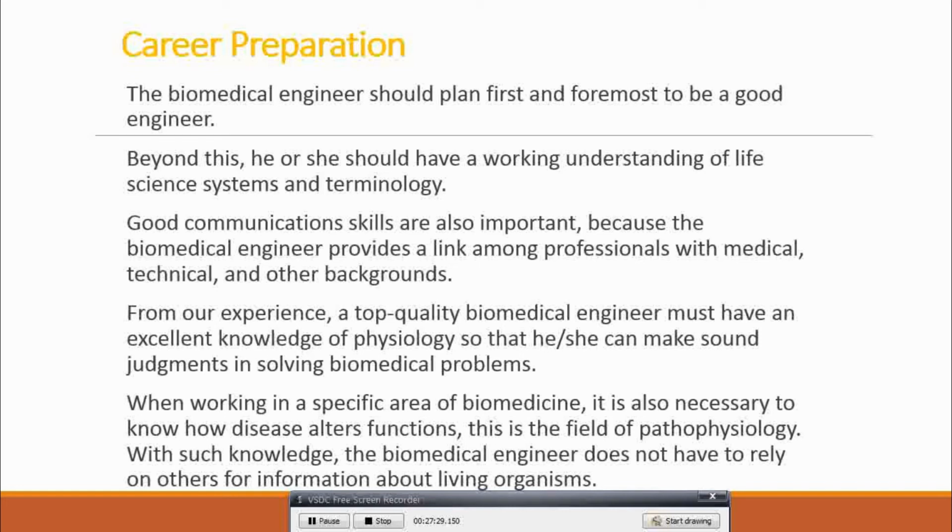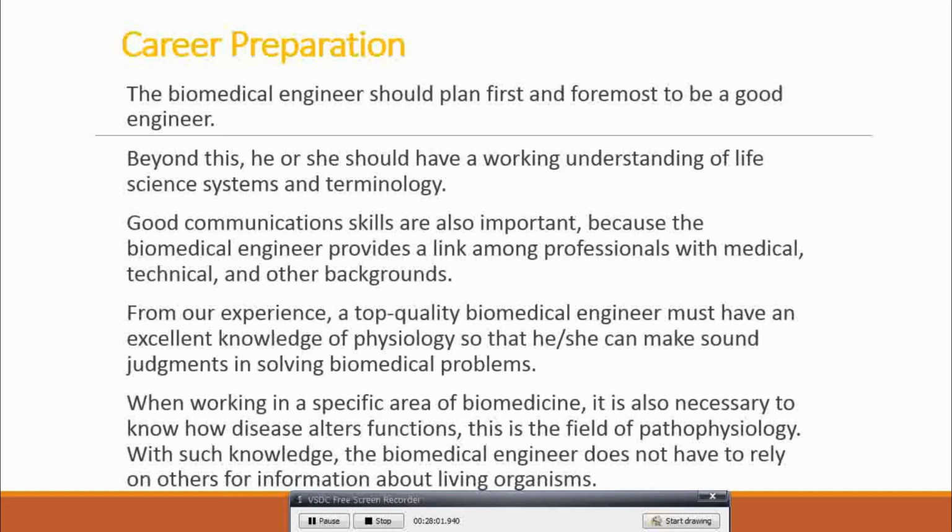And then when working in this specific area, you also need to have knowledge on how disease alters function. This is the field of pathophysiology. So you need to know about pathology, right? And then how certain diseases are addressed with a particular system, machine, and others.